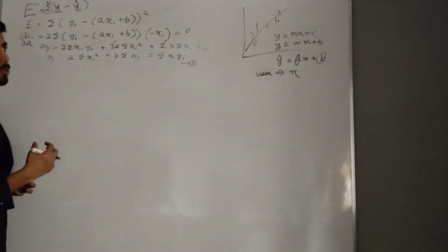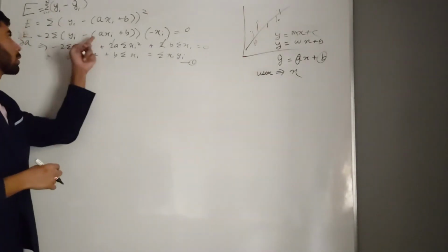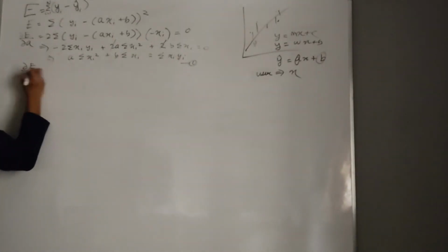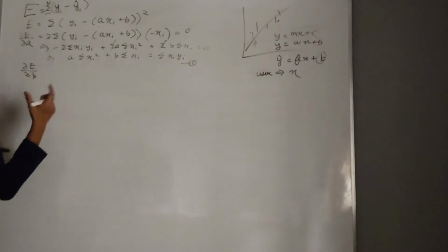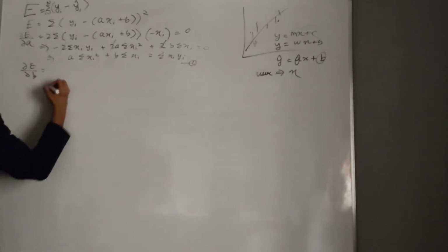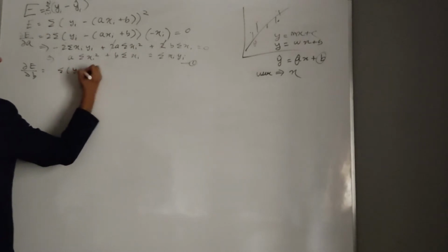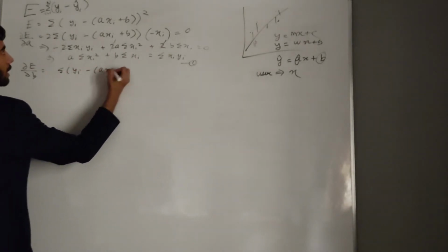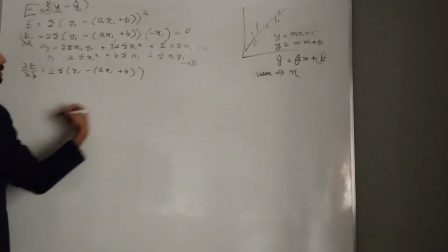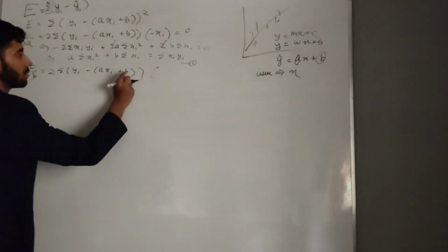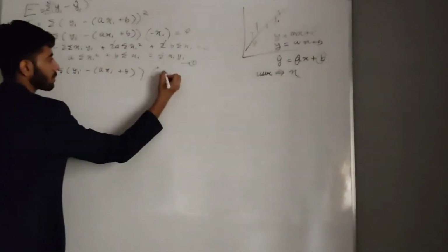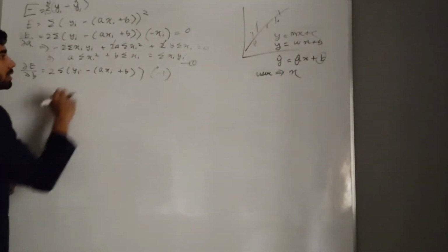Now I have to find two equations in order to find the values of a and b. So for the second equation, I'm going to differentiate my error term with respect to b, and that is going to give me summation of yi minus (axi plus b), and here b is multiplied by 1, therefore on differentiating b I'm going to get minus 1, with a minus because minus was here.